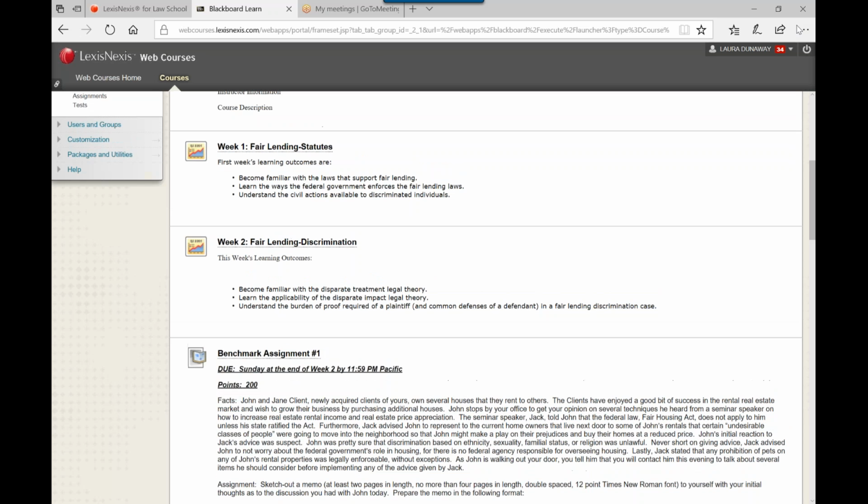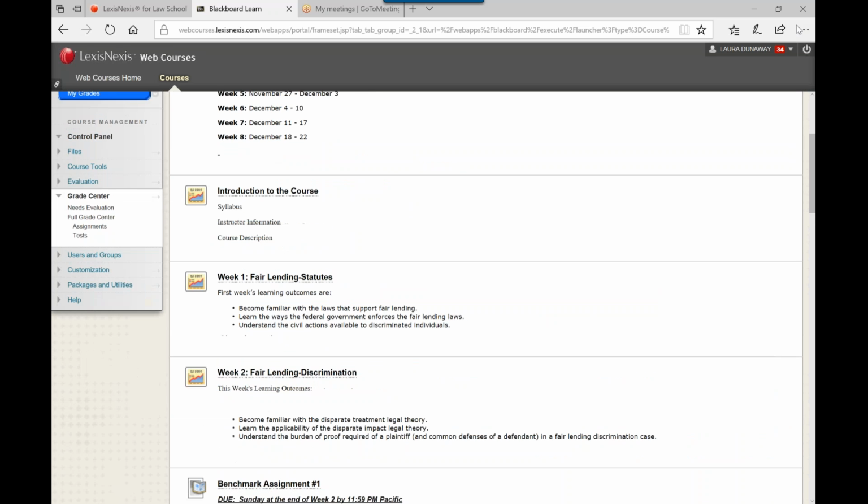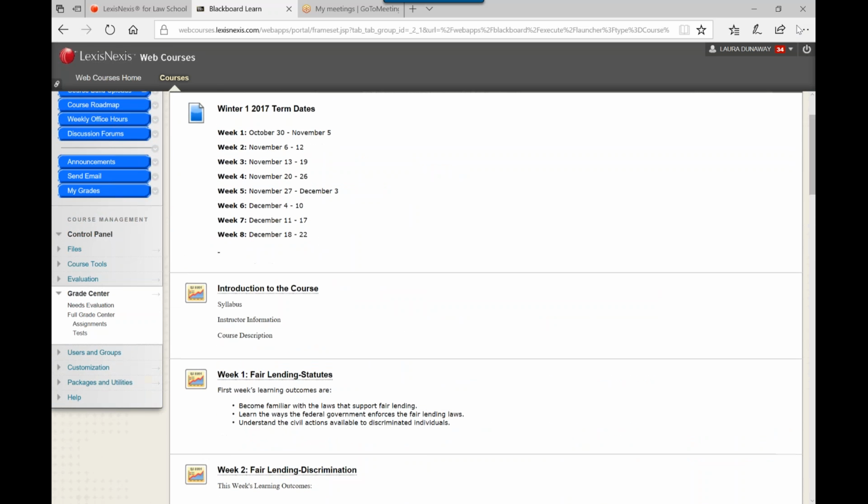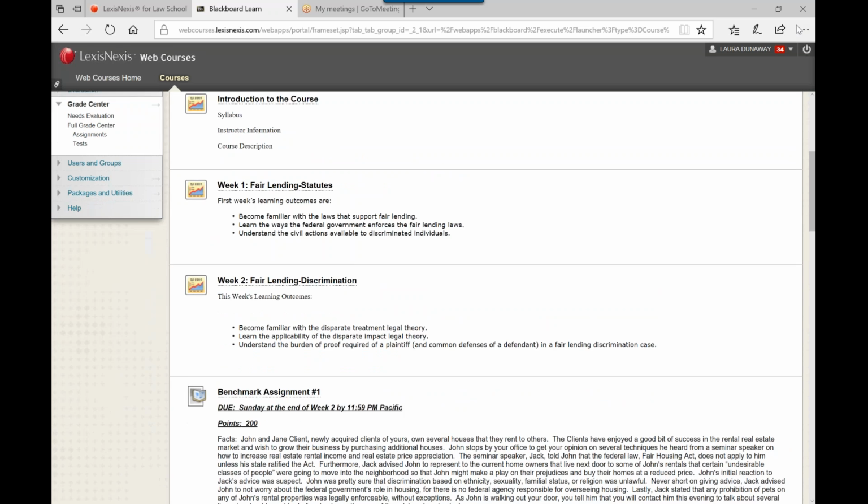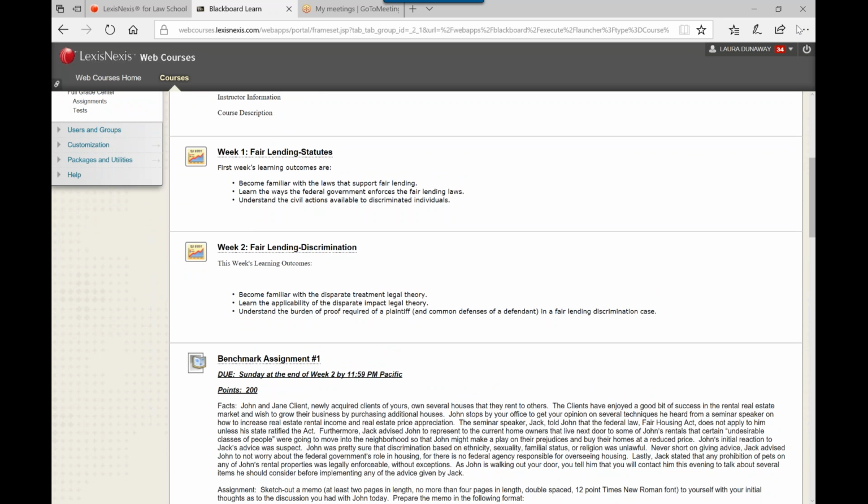They are posted in the course roadmap under each week. For week 1, you should be familiar with the laws that support fair lending, know the ways the federal government enforces the fair lending laws, and understand the civil actions available to discriminated individuals.